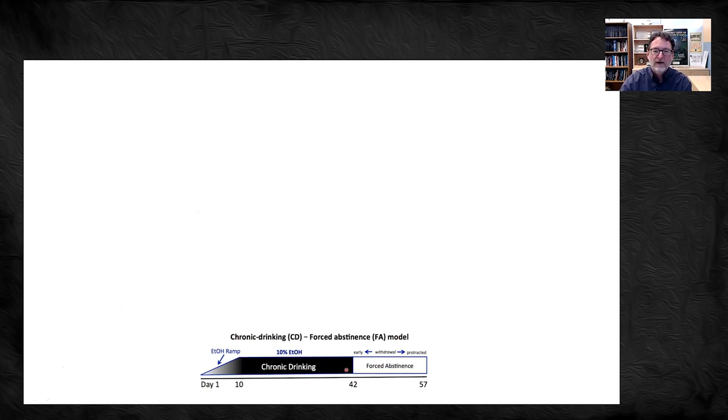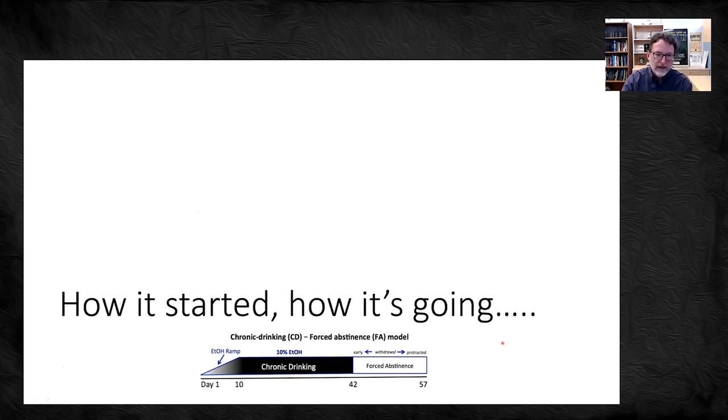So we see very little in the way of depression-like phenotypes in this early phase, and then the emergence of these phenotypes a couple of weeks later. So are there ways that we could intervene here in interesting ways to produce more interesting outcomes from a potentially clinically relevant perspective? And one way to think about this is from the internet meme approach of how it started, how it's going.